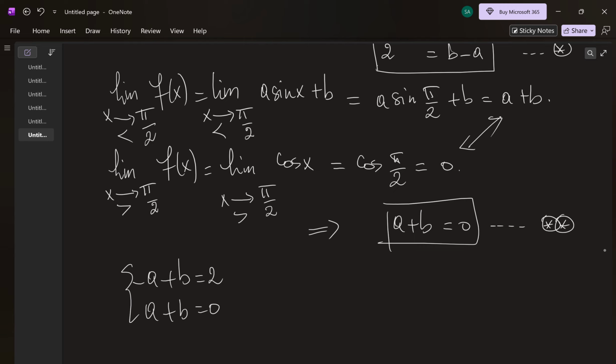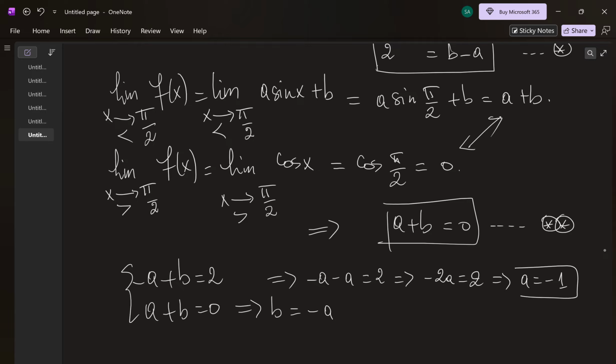So in this case, b is equal to minus a, and we replace in the first equation, we find minus a is equal to 2. So minus 2a is equal to 2. So a is equal to minus 1. And so b is equal to 1.